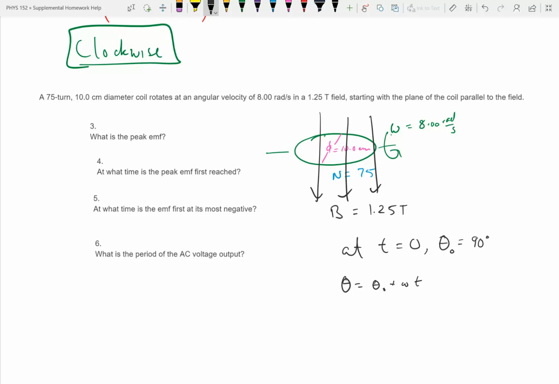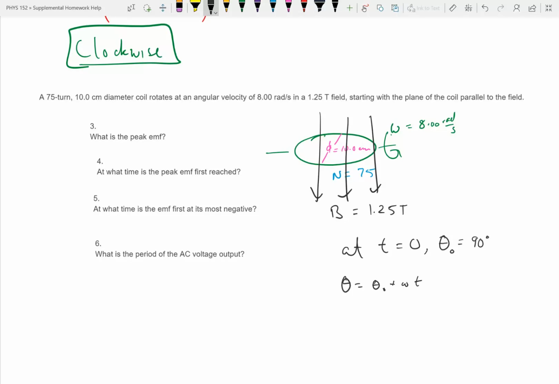So, first of all, let's start with a simple question. It asks us, what's the peak EMF? Why would it be producing an EMF? EMF is just like velocity, right? No, EMF is voltage. Yeah, this is bad. Okay.